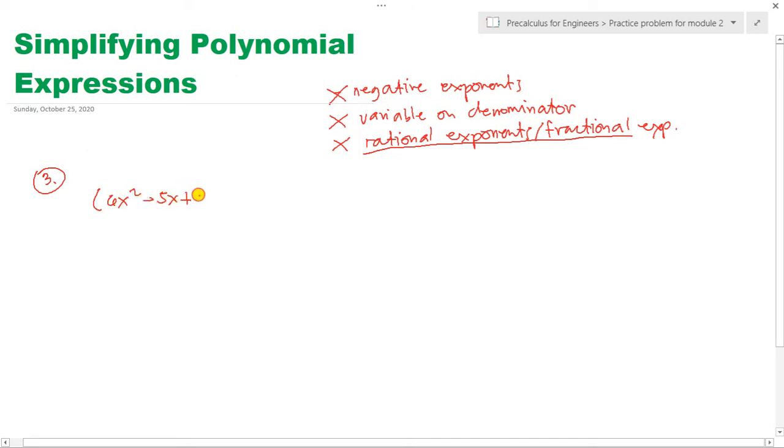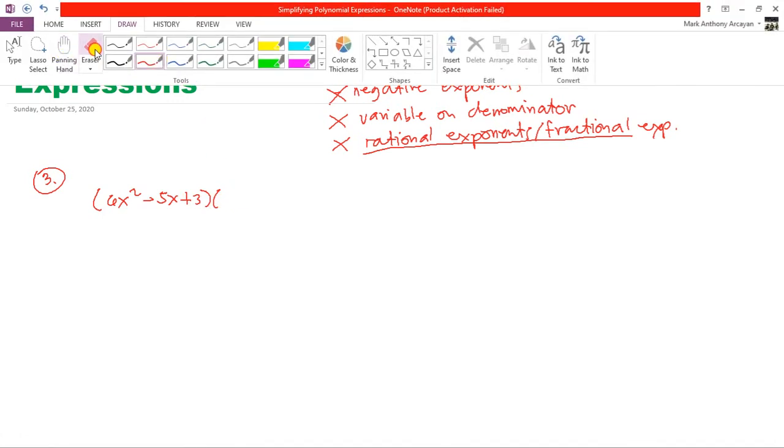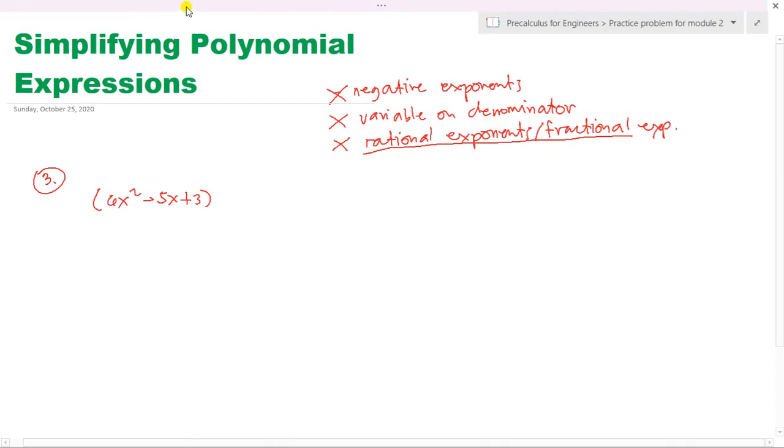Again, a review, class: when we subtract or add polynomial expressions, you can have two methods, either the vertical format or the horizontal format. For me, class, I prefer the horizontal format over the vertical format because the vertical format consumes space. So let's try the horizontal format.